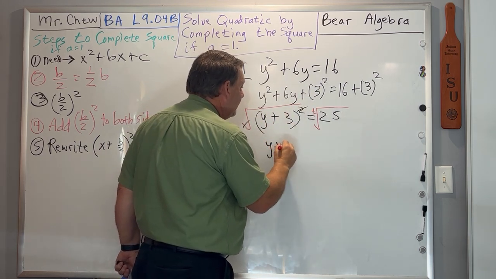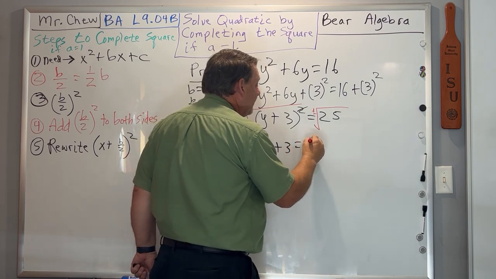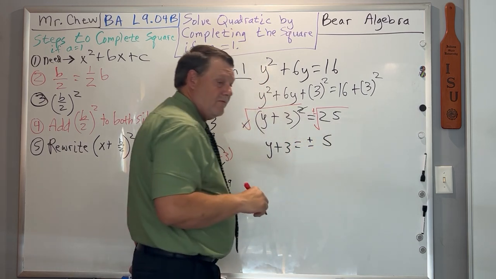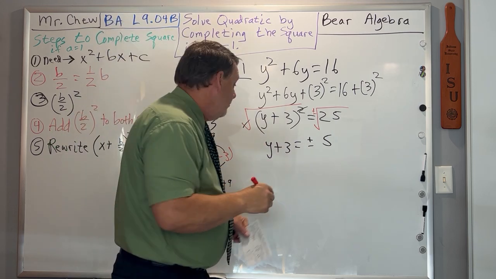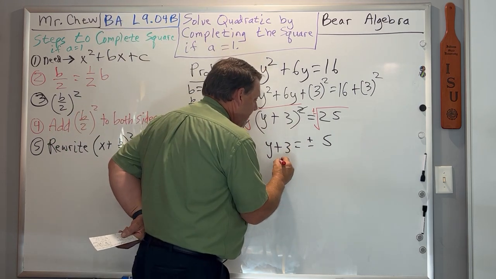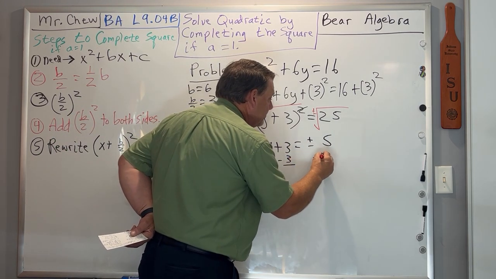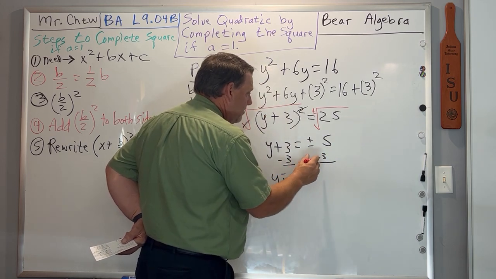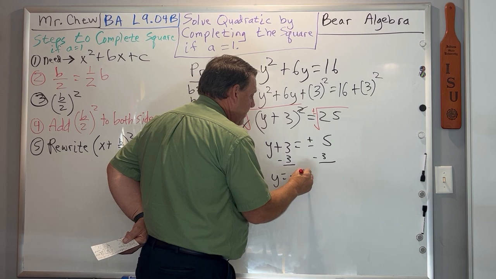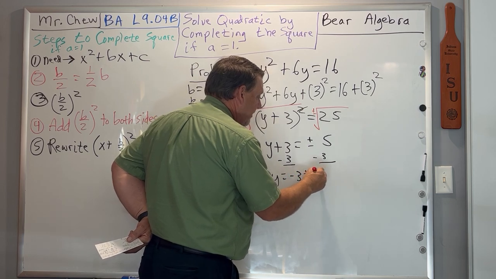So I have y plus 3 equals plus or minus 5. All right, so now I've got an equation I'm going to solve using inverse operations. So y is going to equal -3 plus or minus 5.